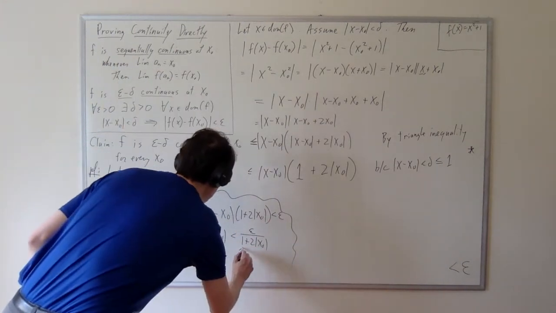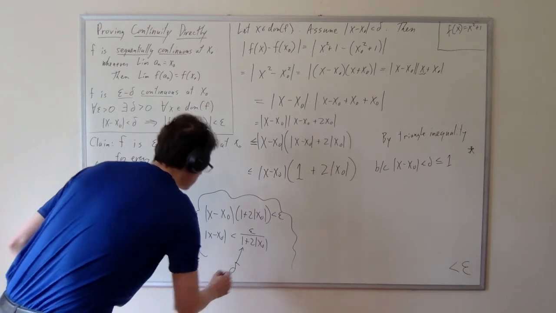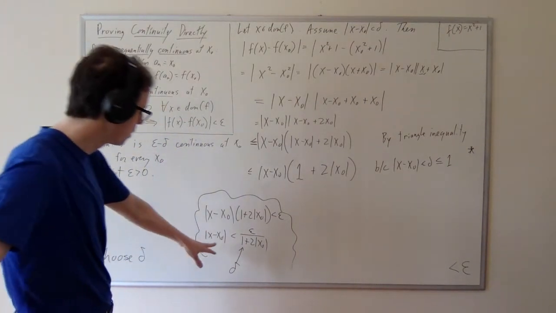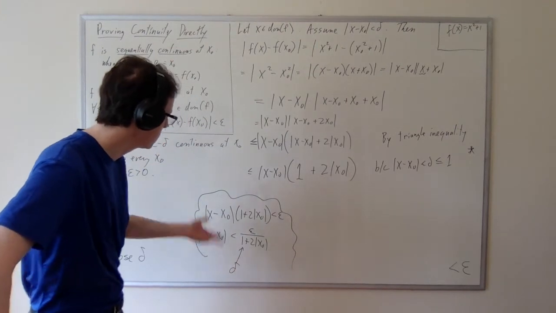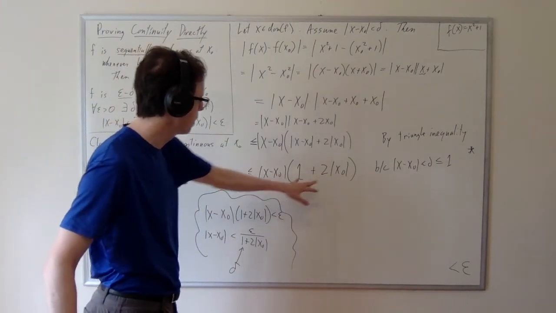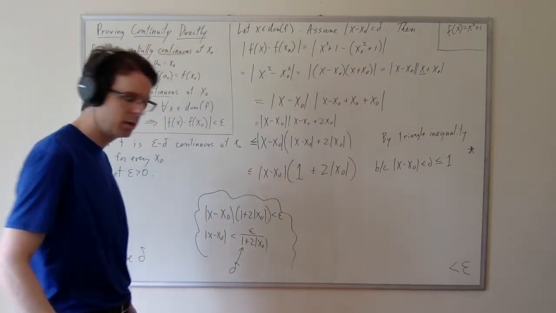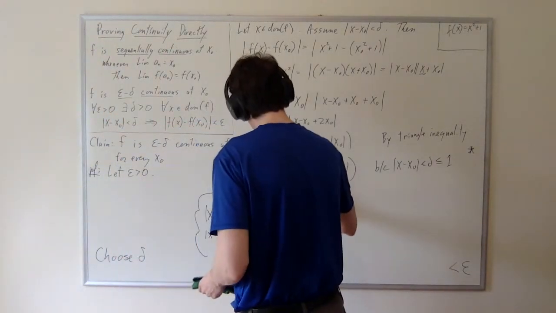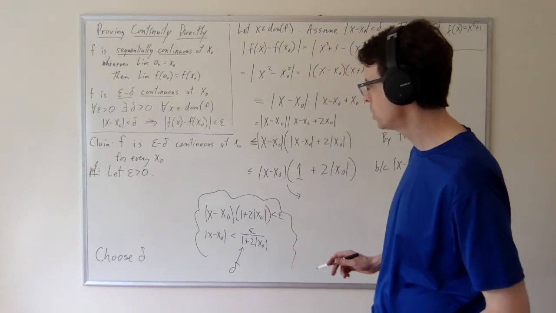And so I guess that's my choice of delta. That tells me how I need to choose delta. Basically, just choose delta so that when you multiply delta by this thing, you'll get epsilon. So that's what we're going to use for delta as we continue this proof.